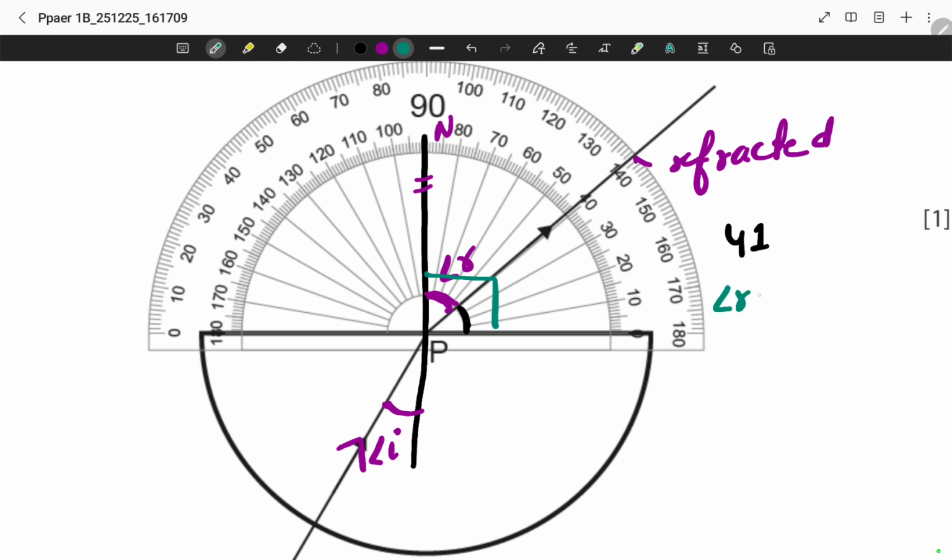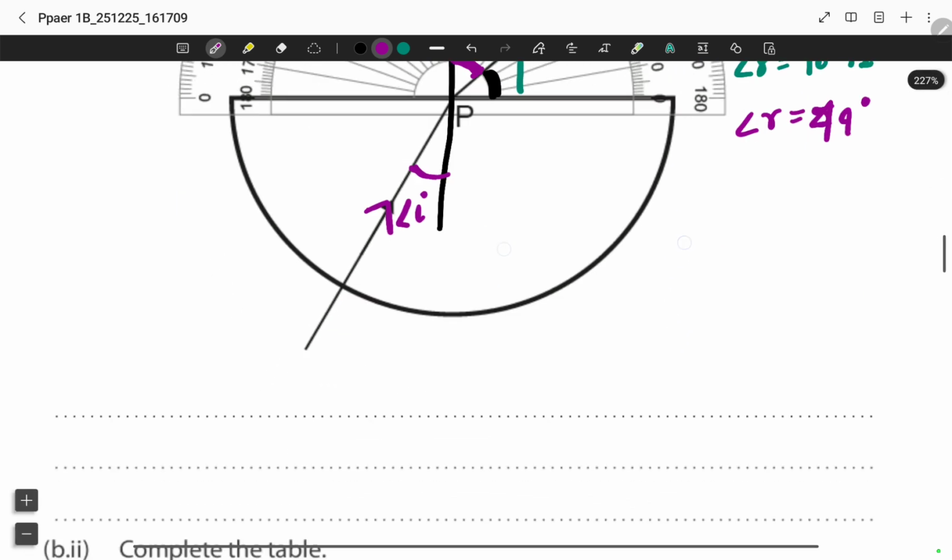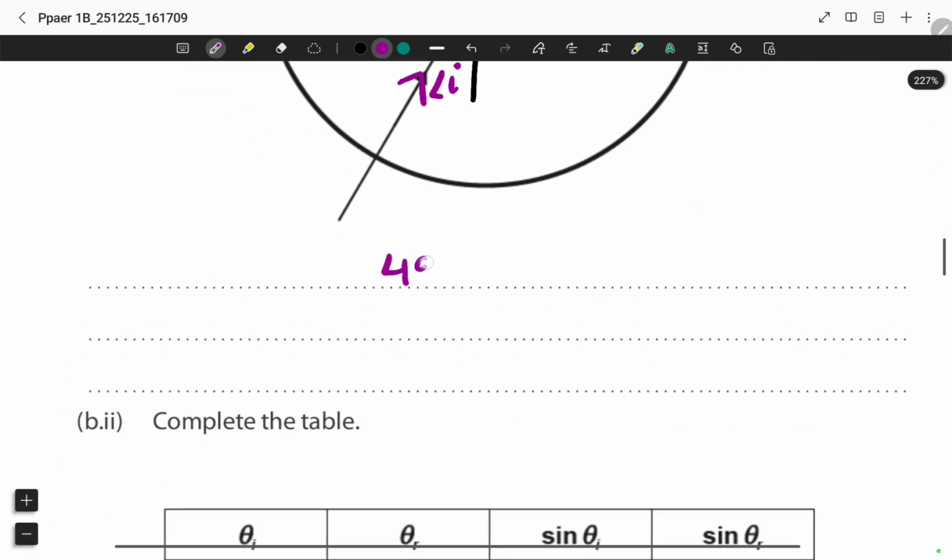So the angle r is going to be 90 minus 41. Many students make this mistake. They quickly write 41, forgetting that they are measuring this black angle. But we don't want the black angle; we want the purple angle, which is the angle of refraction. So angle r comes out to be 49 degrees. It's very important that you write 49 degrees here.